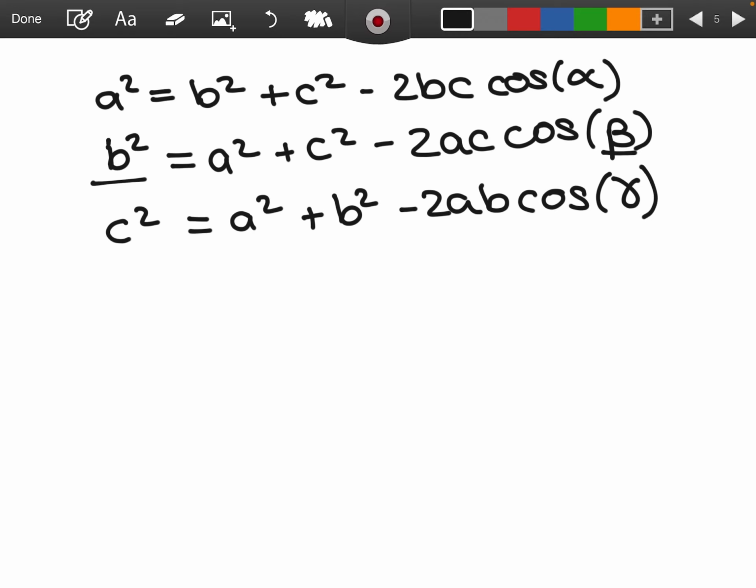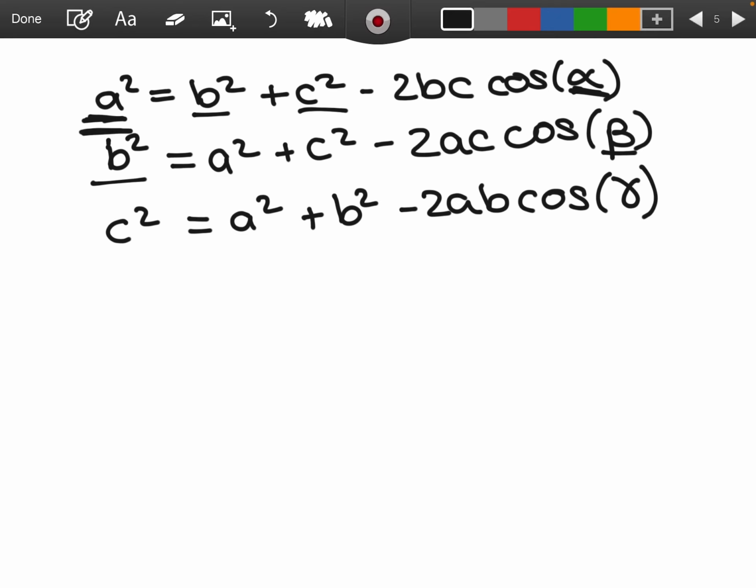So it works for all of your sides and each of your angles. Just make sure that the side you have here is opposite the angle that you have here, and the two sides here are the other two sides from what we have here. Just keep that in mind. But like I said, it does not matter how you label this triangle, it's going to work either way.